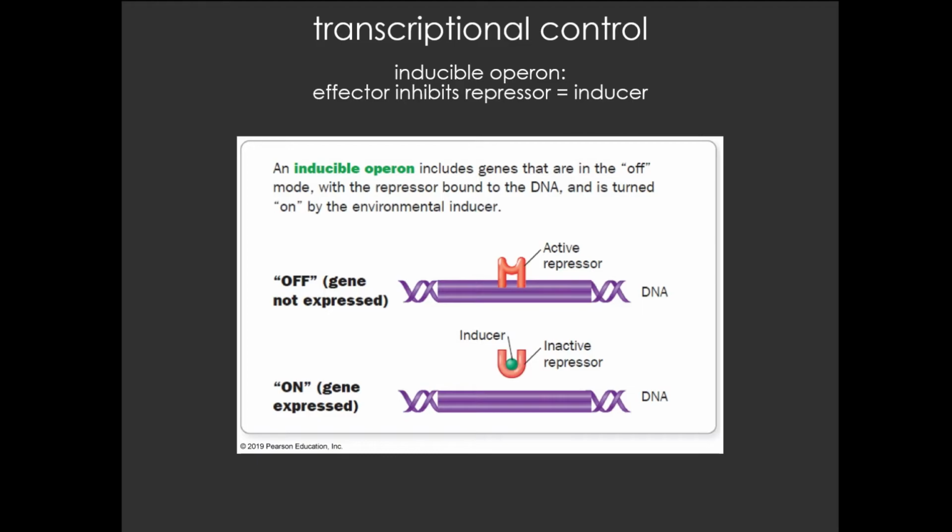Notice below there in the on position, the shape of the repressor has completely changed after that green molecule is bound to the allosteric site, making it incapable of binding to the operon.